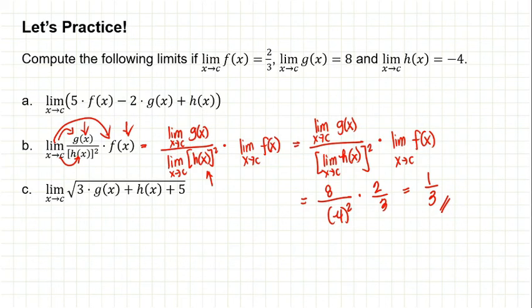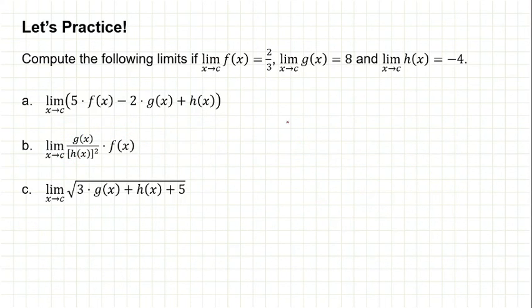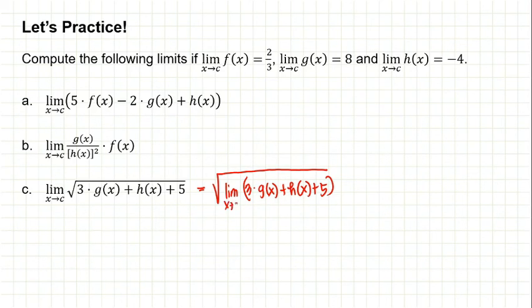Okay, now for the last one, so just apply the radical theorem. So in this case, yung index natin ay even, right? So what will happen, magiging square root of, ipasok yun na lahat. So we have limit of 3 times g of x plus h of x plus 5 as x approaches c.